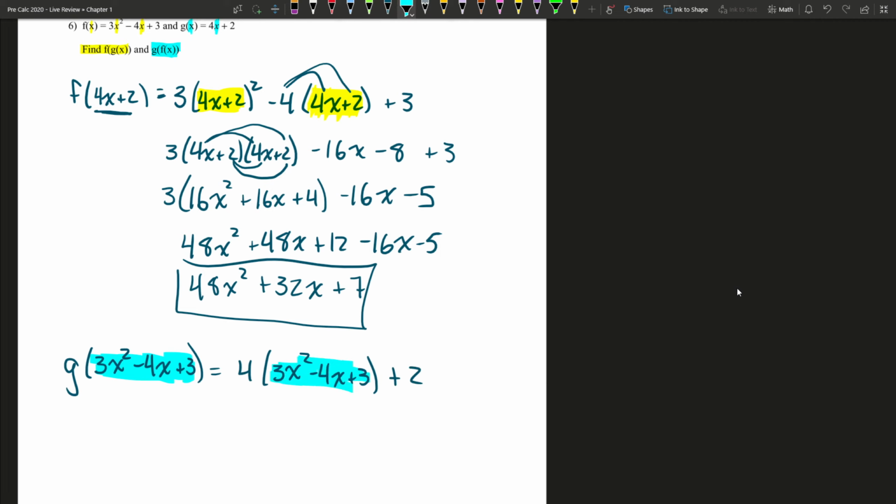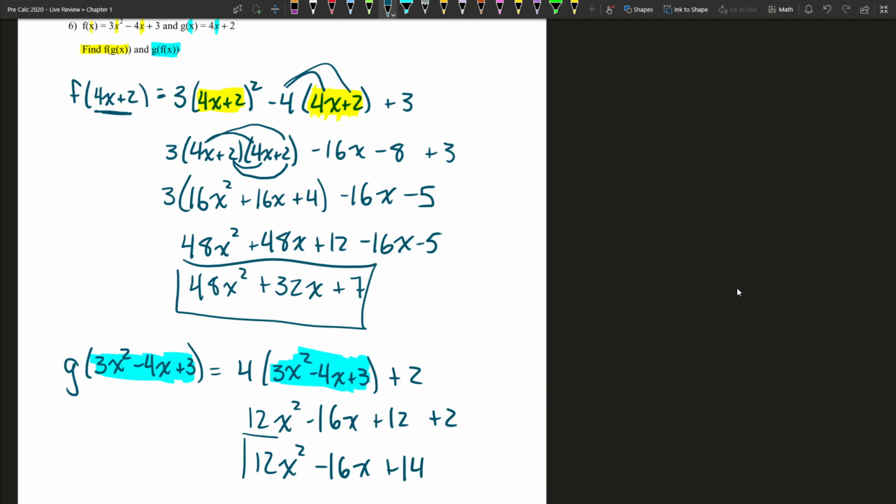Then we simplify that. We get 12x squared minus 16x plus 12, and this plus 2 is still here. So we have 12x squared minus 16x plus 14, and that's our answer.